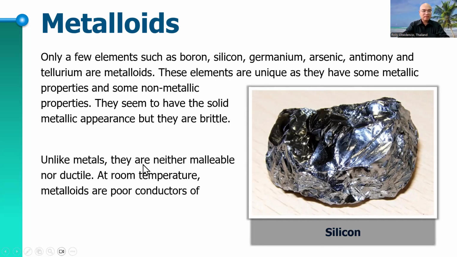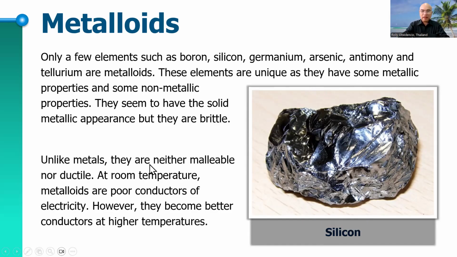Unlike metals, they are neither malleable nor ductile. At room temperature, metalloids are poor conductors of electricity. However, they become better conductors at high temperatures. That's why they can become conductors. It depends on the temperature.